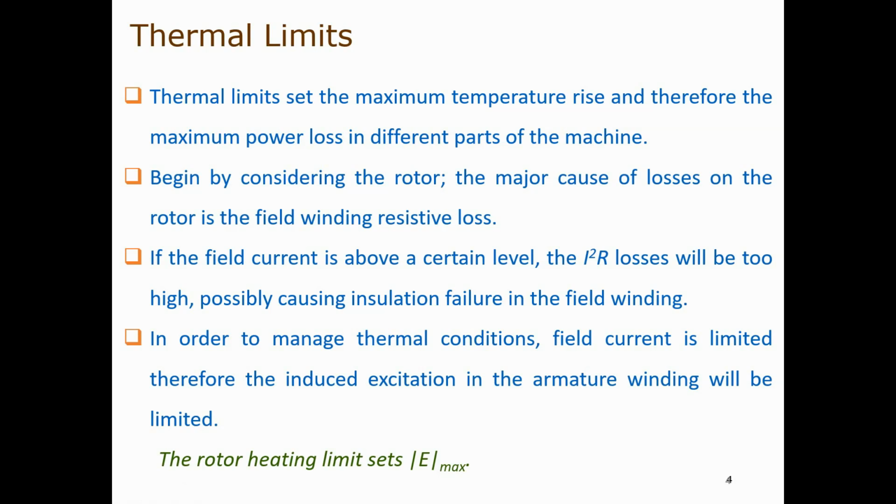So in order to manage this thermal condition, field current is limited to a certain value, and limitation of field current is nothing but the limitation of induced excitation in the armature winding. Therefore the first limit is the rotor heating limit, which will set E maximum. I am repeating, please note down, the rotor heating limit sets E maximum.